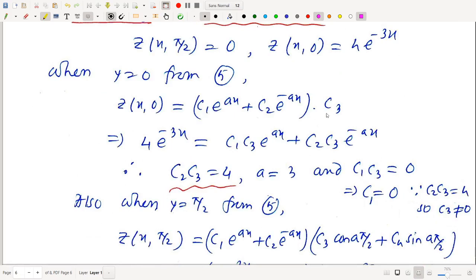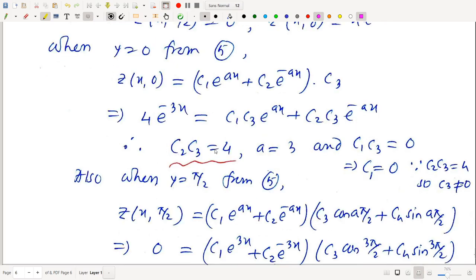So it will be c3, and z(x, 0) value is 4e^(-3x), so substituting: c1 c3 e^x + c2 c3 e^(-x). Therefore, comparing both sides, we get c2 c3 equal to 4 and a equal to 3, so that we get the first term exponential function. This term c1 c3 e^x should be 0, and e^x is never 0, so c1 c3 is 0, but c2 c3 is 4, so c3 cannot be 0, therefore c1 is 0.